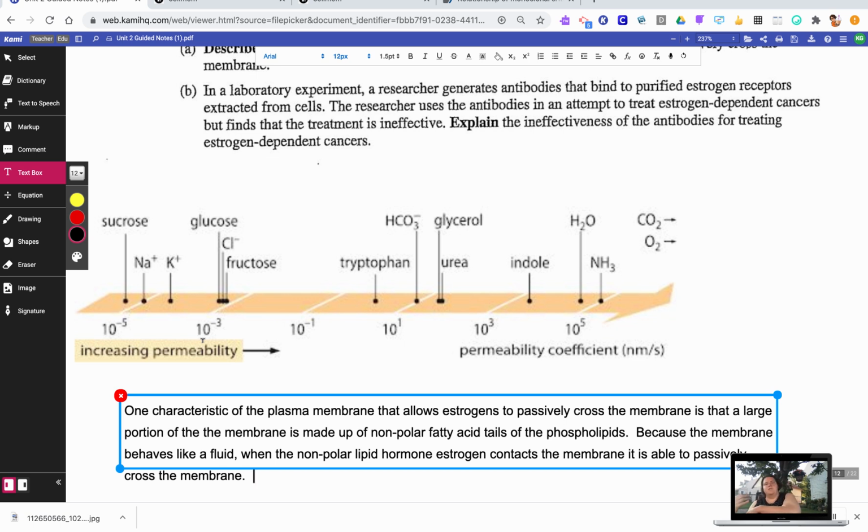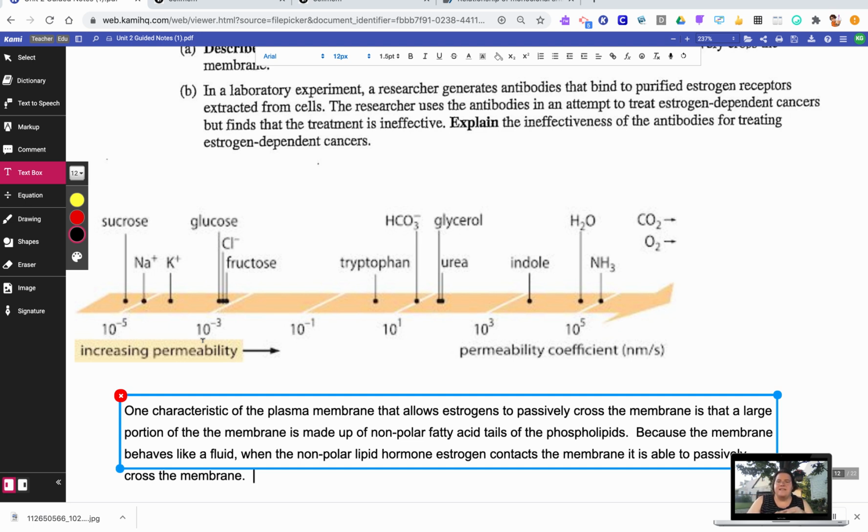So the theory is, if you can get that antibody to block that receptor, then estrogen can't come in and send the signal to promote that cell growth. In theory that sounds really great, and it does work in some cancers.